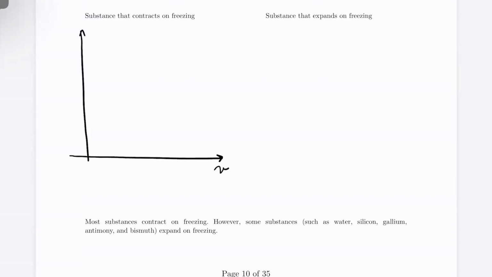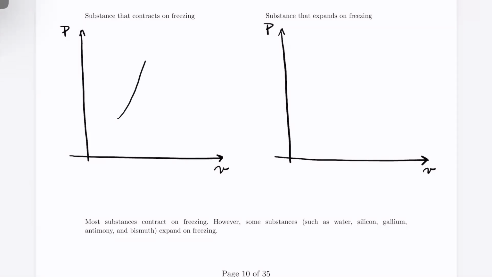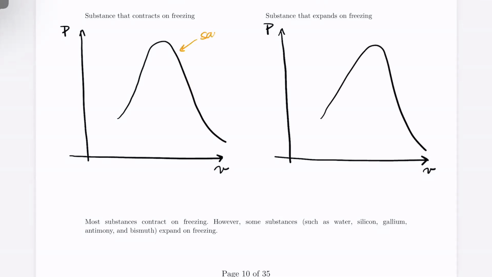So we have specific volume against pressure for both of these. We'll have our same vapor dome as before on both of these.